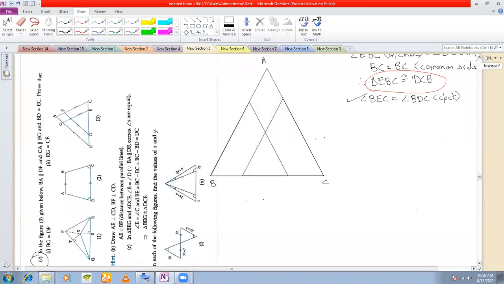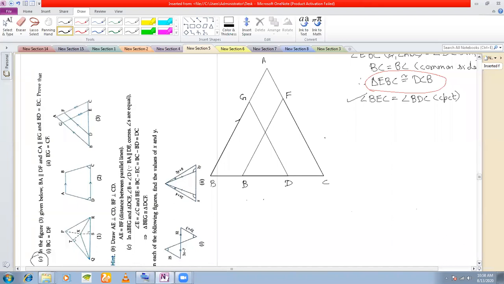Yes. So this is your G, F, B, and D. And what all sides are given to be parallel? BA parallel to DF.